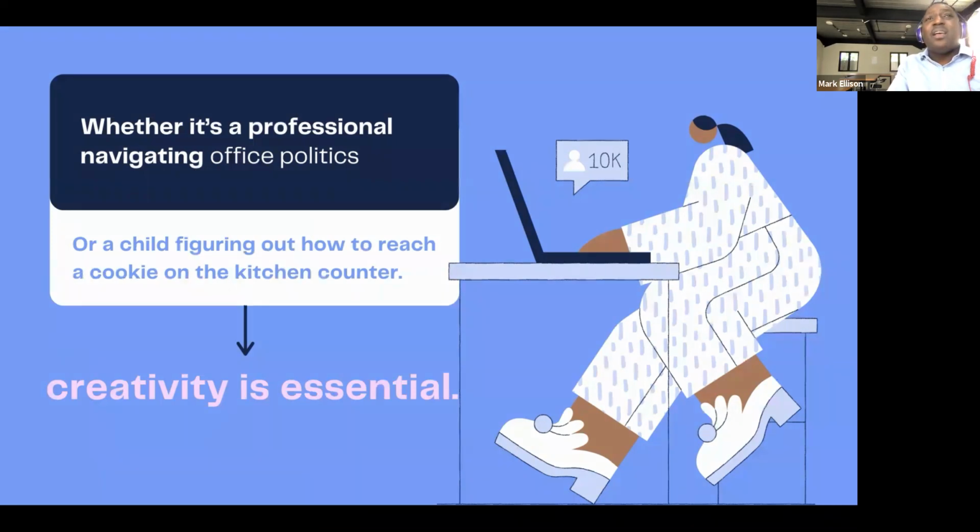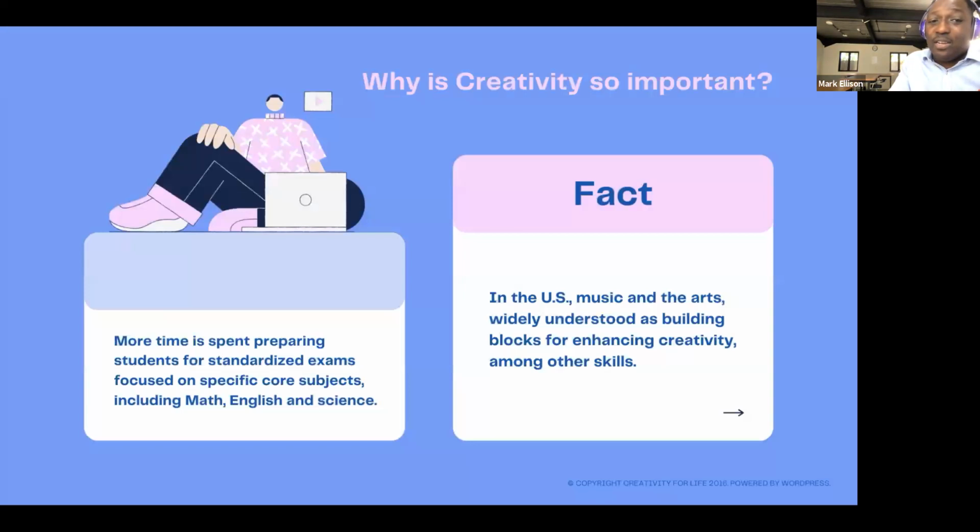So let's look into what we already know with some facts, okay? Believe it or not, more time is spent on preparing students for exams focused on specific core subjects, including math, English, and science.